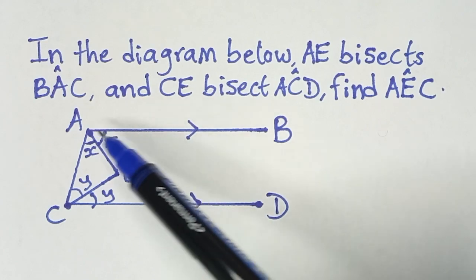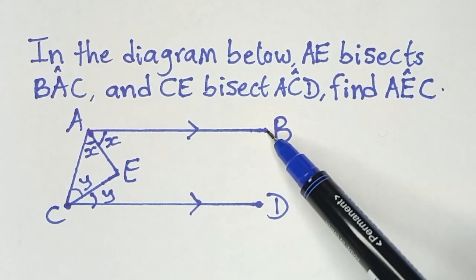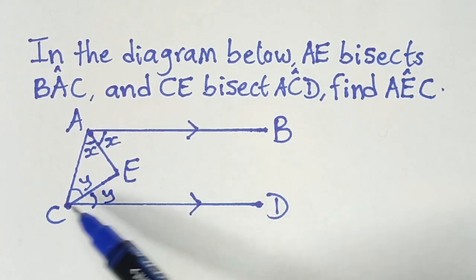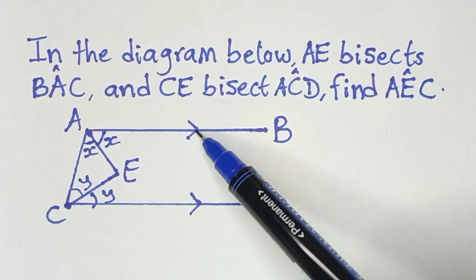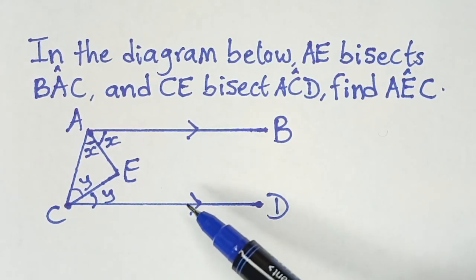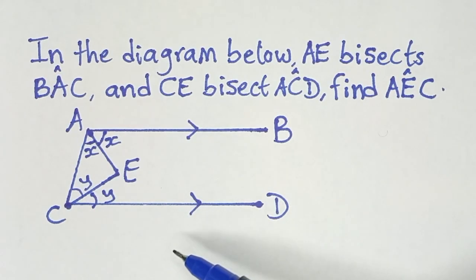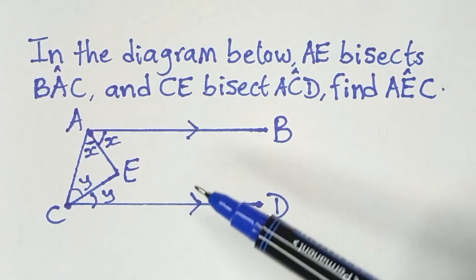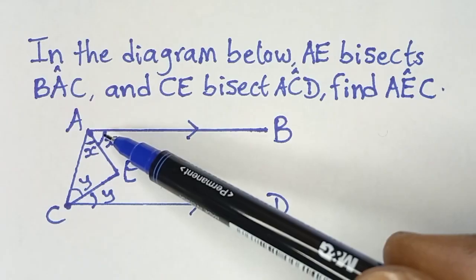If you look at this very well, this line AB is parallel to this line CD. These are two parallel lines. Now, we should take note of the theorem of parallel lines that has to do with cointerior angles.